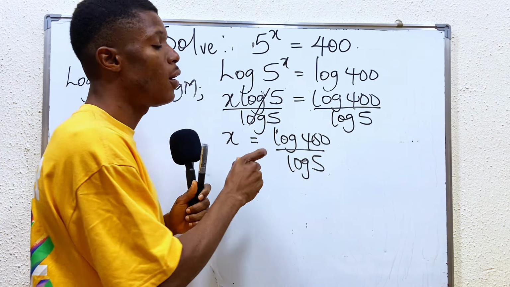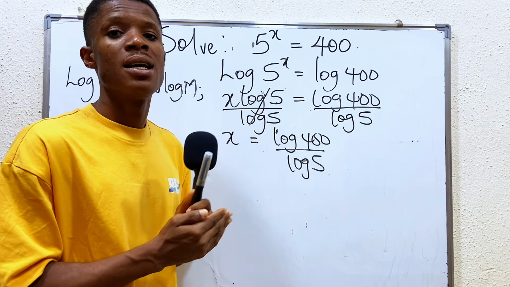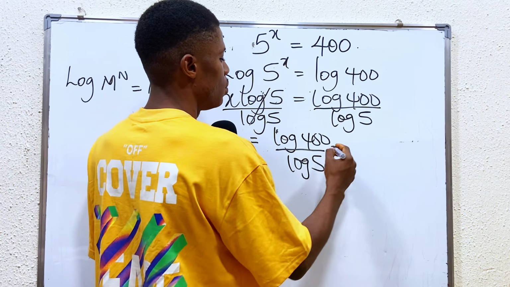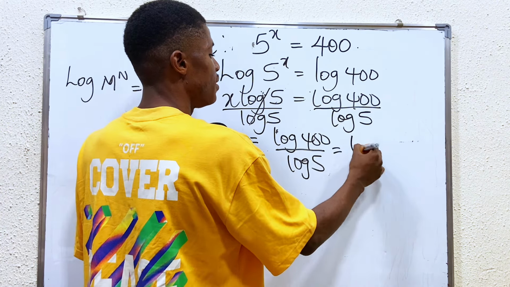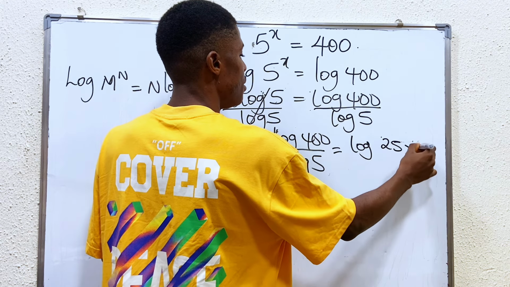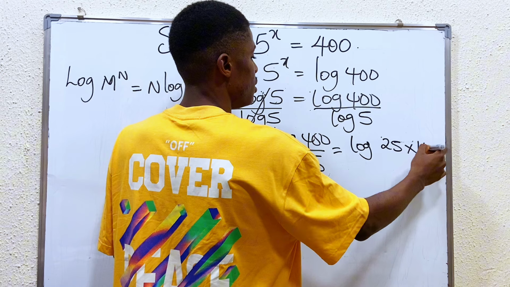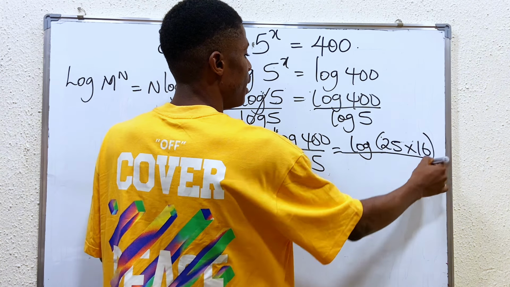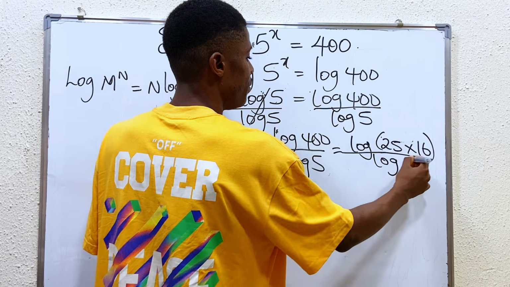Then you see that 400 can be written as 16 times 25. So we'll now say that we have it as log of 25 times 16, divided by log 5.